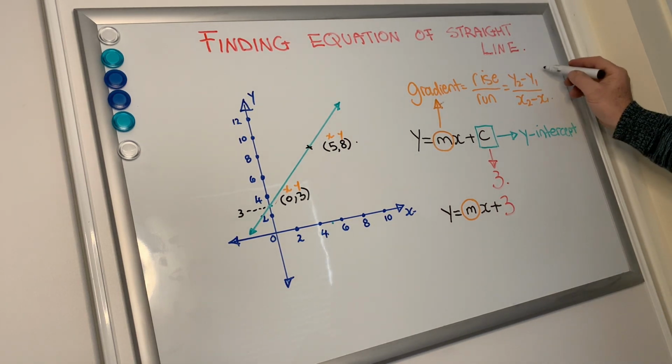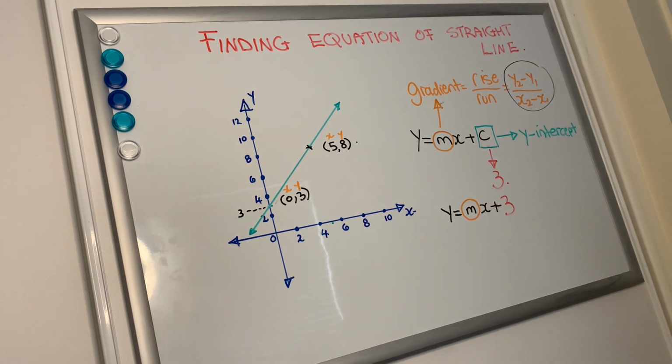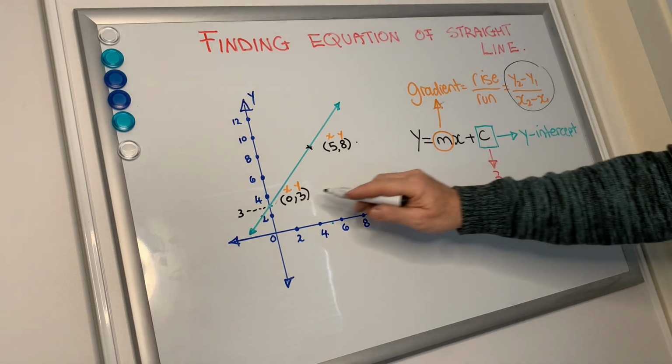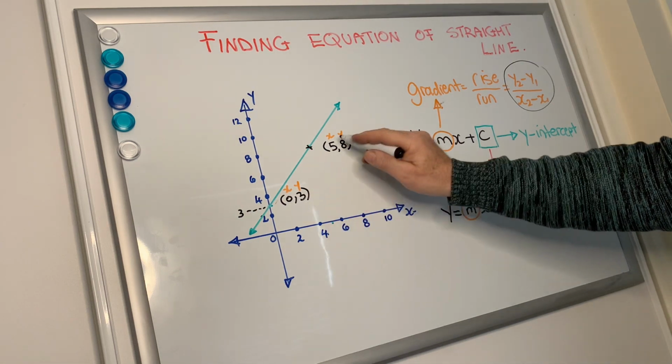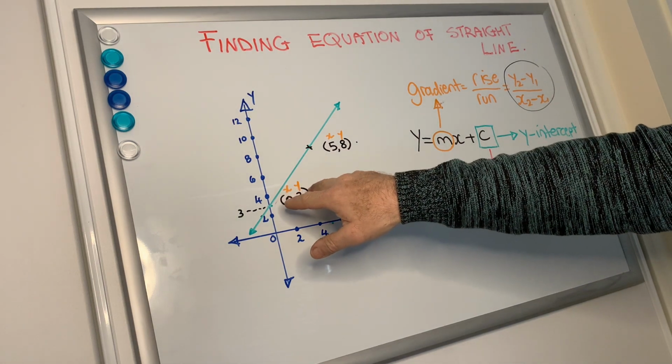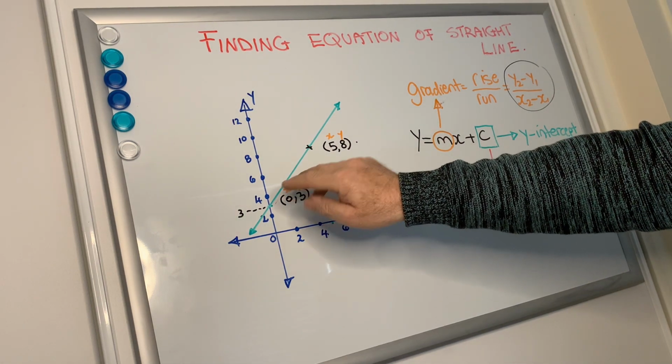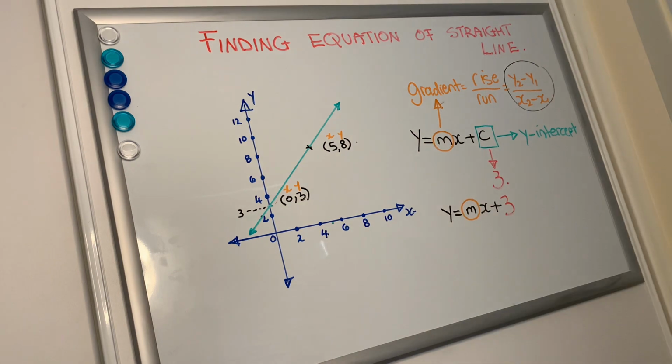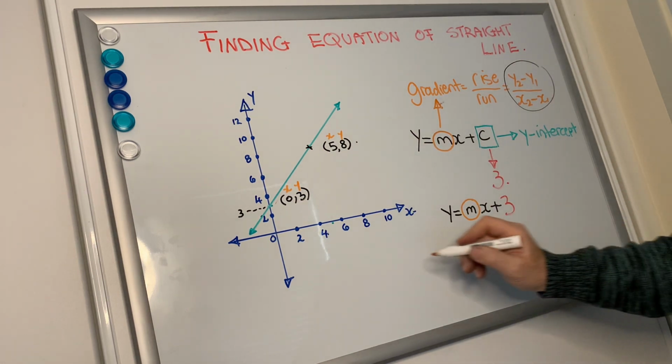We can use y2 minus y1 over x2 minus x1, because we've got our x and y values. And like we saw before, we can nominate this pair of coordinates as x1, y1, or vice versa. It makes no difference. Now, let's go through and have a look.